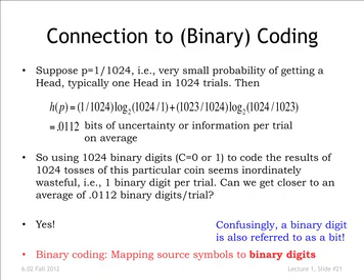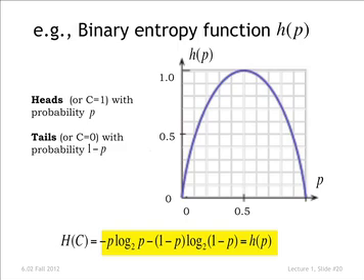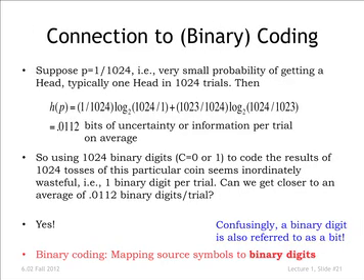So unlike the case of a fair coin, remember in the case of a fair coin, if p equals 0.5, I have an entropy of 1 bit. That's the average information revealed by a single toss. Now I'm down to much less. I'm down to 0.012 bits per trial.